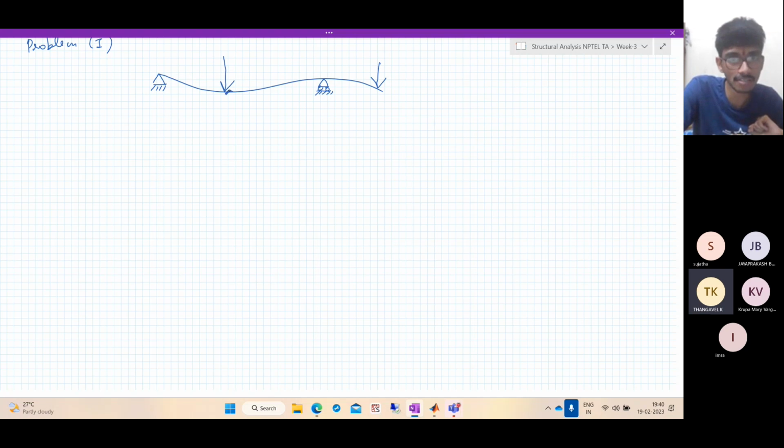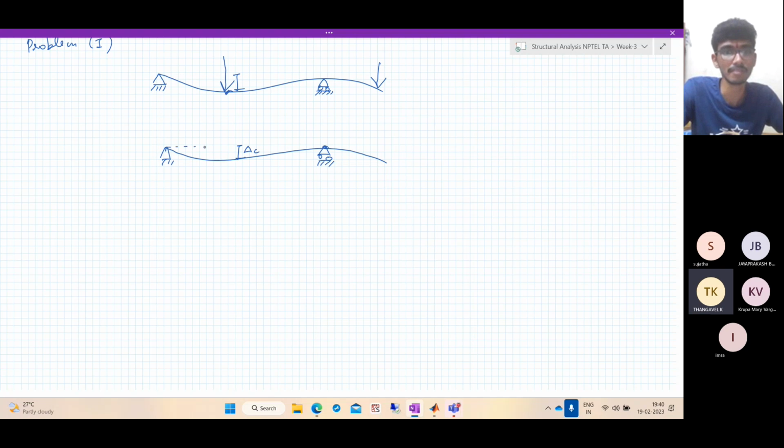And we are asked the deflection of this point. So let me draw it without the loads once. There's no symmetry. We are asked the deflection of this point, which is delta C. And this is point B.